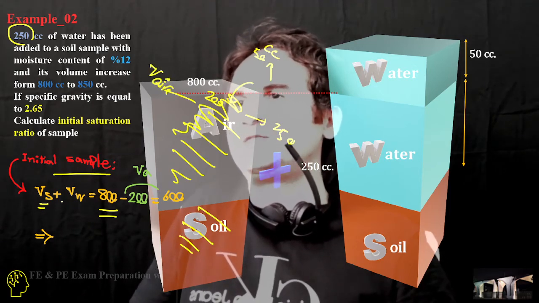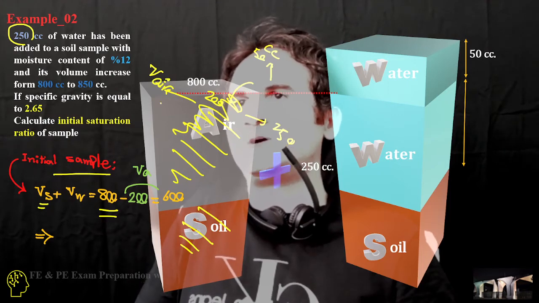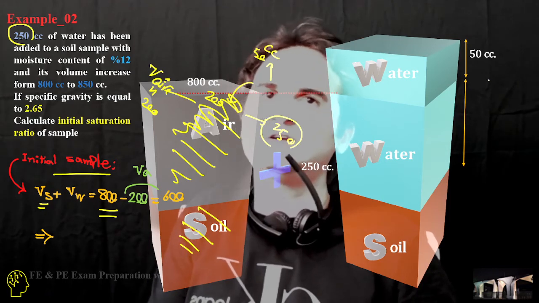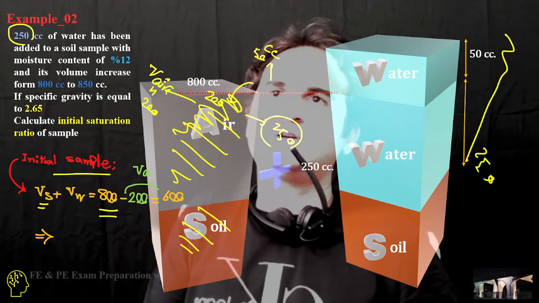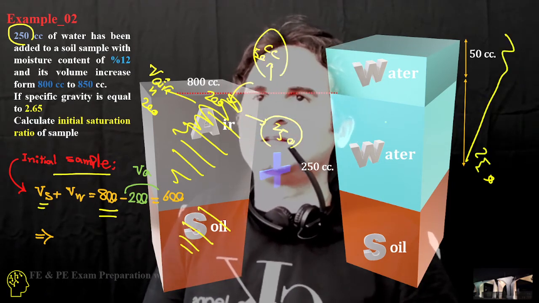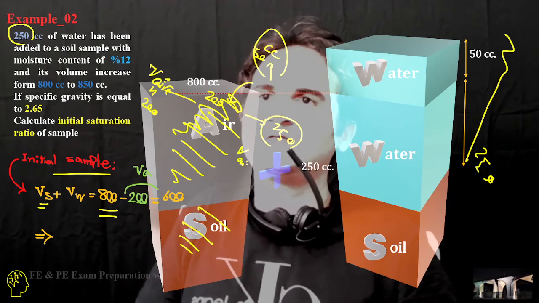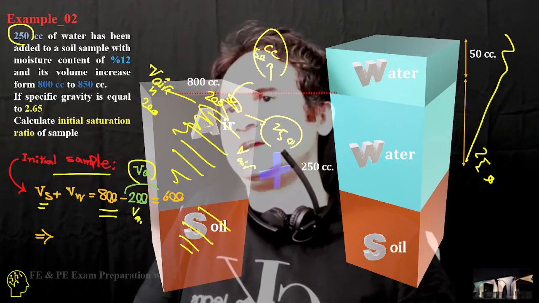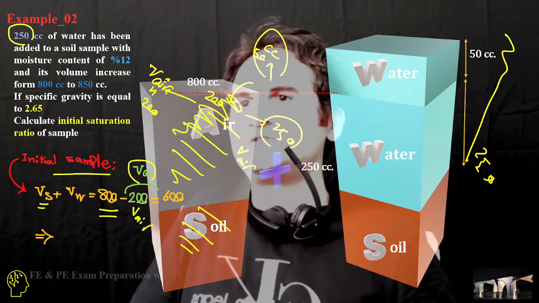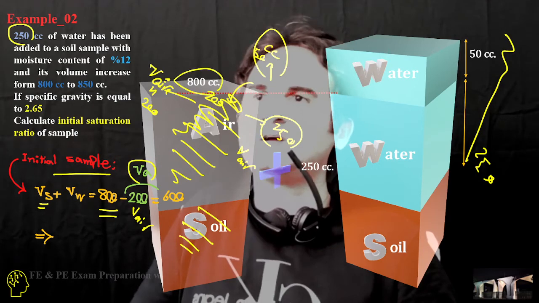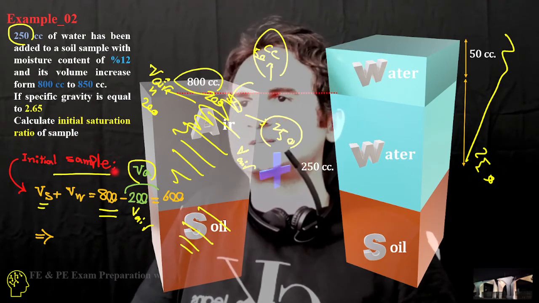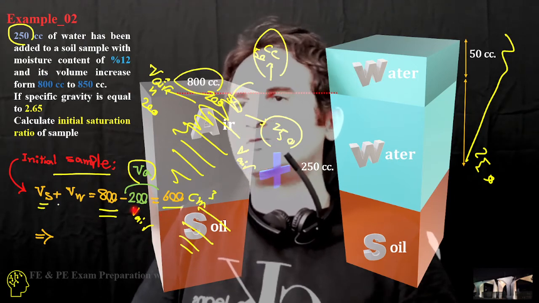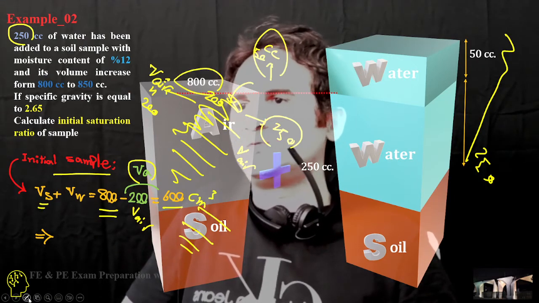So if we subtract this 200 from 800, the leftover gives us 600 centimeter cubed for Vs plus Vw.